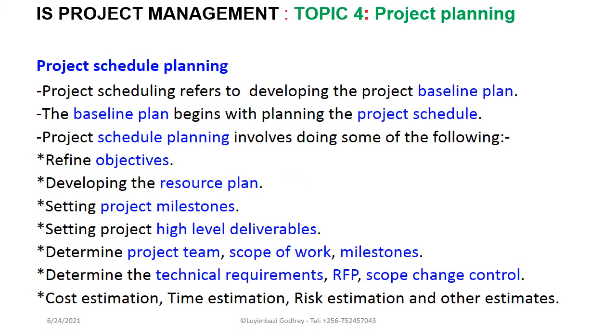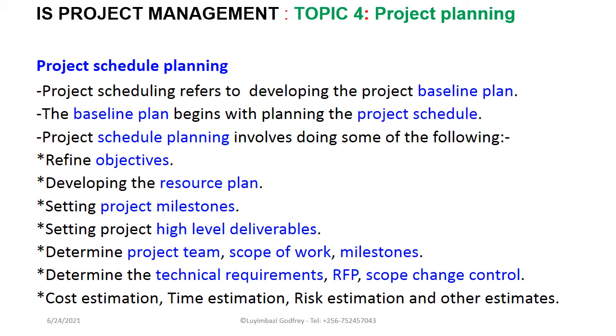And we also think through the scope of work. The scope of work means the sum total of all the activities that we are going to perform. We think through them and see what ought to be performed and what we may leave.